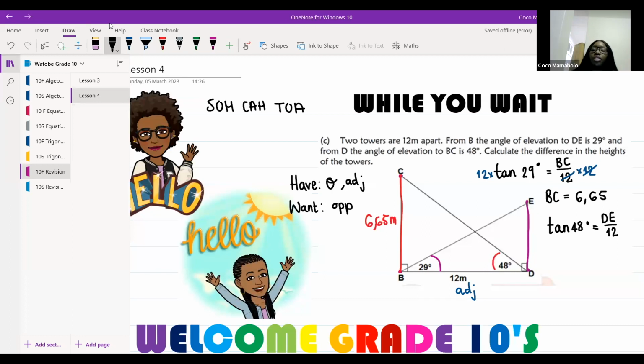To get rid of the 12 again, I'm going to multiply by 12 on both sides. 12 divided by 12 will give us 1. And in order to find DE, we're going to take our calculator and type in 12 tan of 48 this time. And you guys are going to give me an answer.